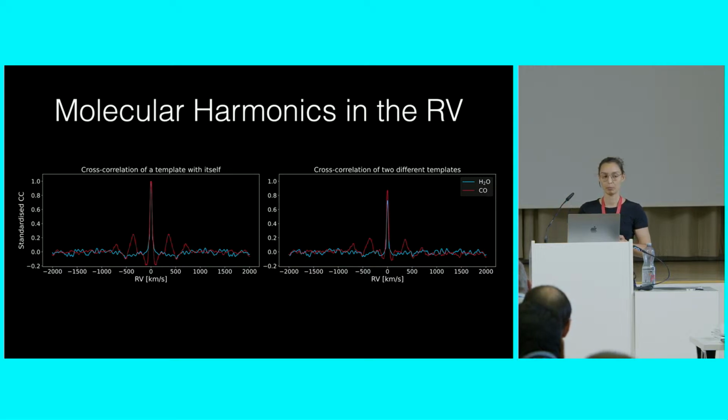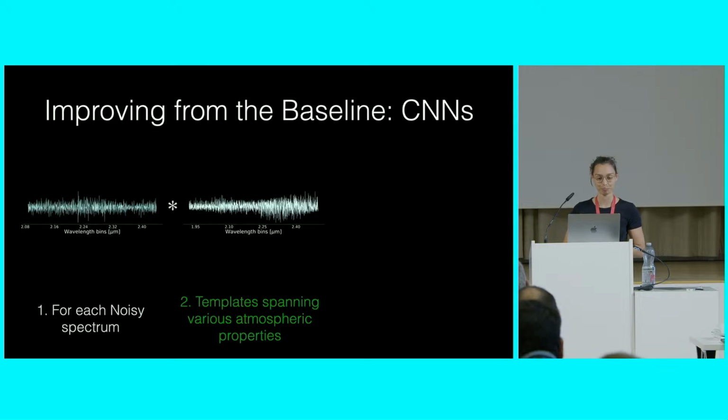Those harmonics are persistent even if we have uncertainties about the temperature and the surface gravity of the planet. There's still a strong molecular signature underlying. That's quite interesting, and this is something that we leverage for the convolutional neural networks.